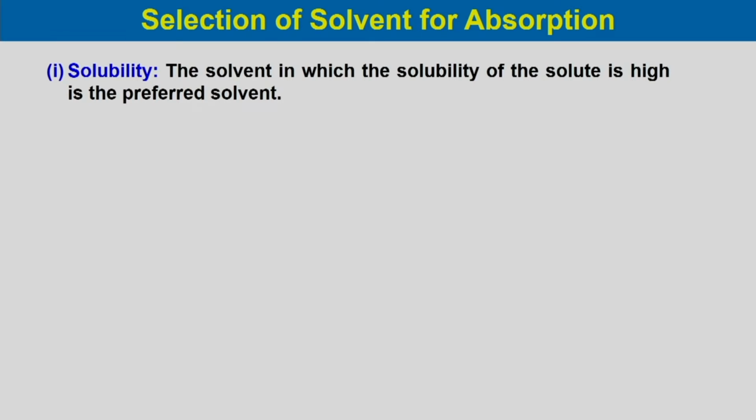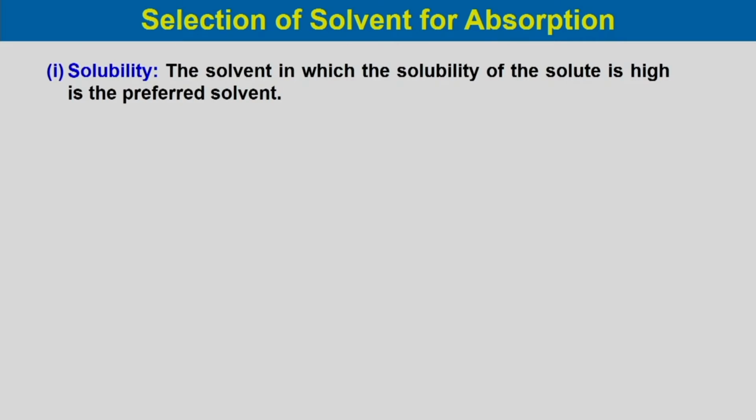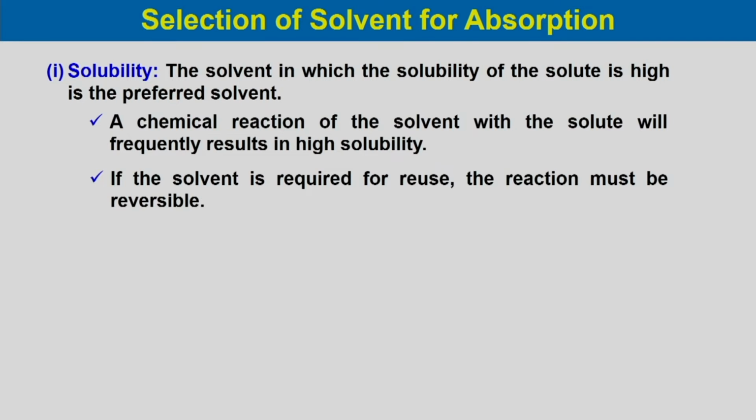One is the solubility. The solvent in which the solubility of the solute is very high is the preferred solvent. If the solubility of that component is very high, then with a small amount of solvent we can absorb an appreciable amount of that gas or solute. A chemical reaction of the solvent with the solute will frequently result in high solubility.